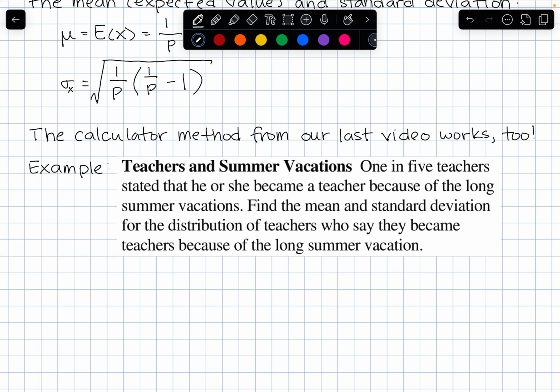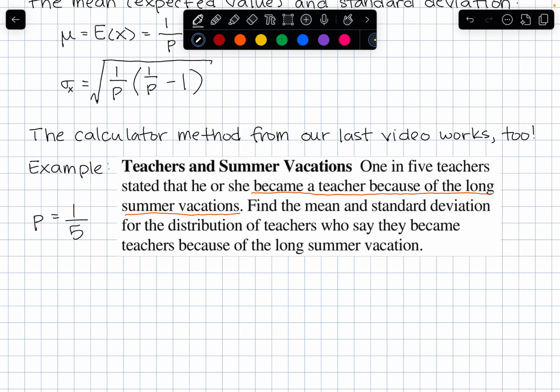Success is defined as became a teacher because of the long summer vacation. And we are told that 1 in 5 do that. So 1/5 of teachers became teachers because of the long summer vacation. So our probability of success is 1/5, or 0.2.